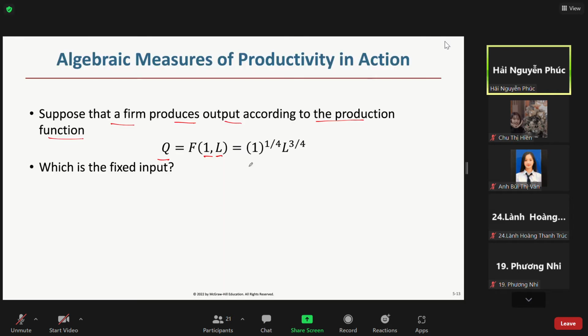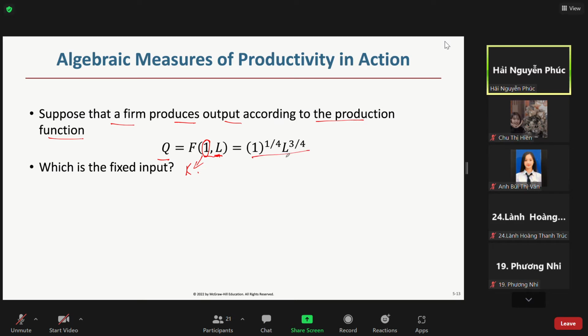All right. And they ask you the first question: according to this production function, what is going to be the fixed input? You can see that the fixed input is here. It tells us that K is the fixed input and L is going to be the variable input. Why?